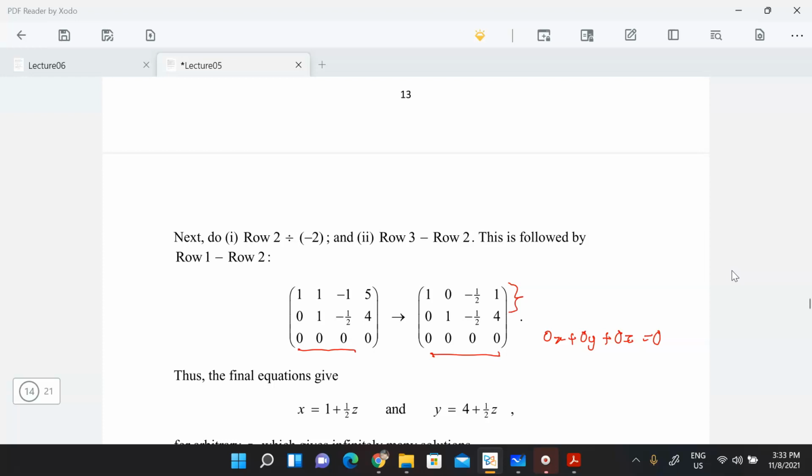This part of the matrix will give you this equation and this equation, for which you have your x and y being written in terms of z in that way. So there is one undetermined variable. So in that case, I can have z equal to anything, and that will say that I can have infinitely many solutions given the value of z, as long as they obey these two equations.